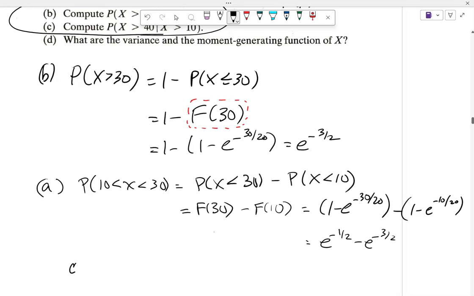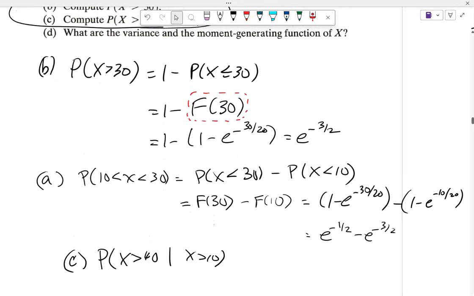How about C here? That's a conditional. The probability that x is bigger than 40, given that x is bigger than 10. Conditional probability formula says what? The probability of the intersection over probability of the given.